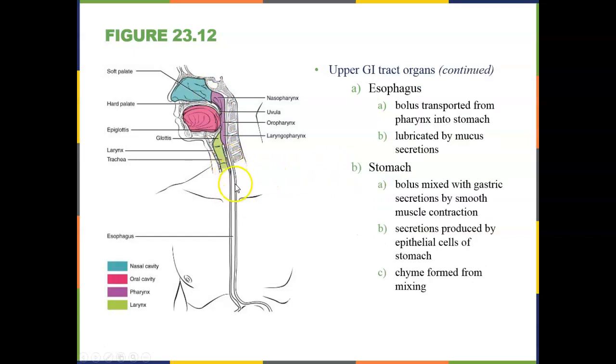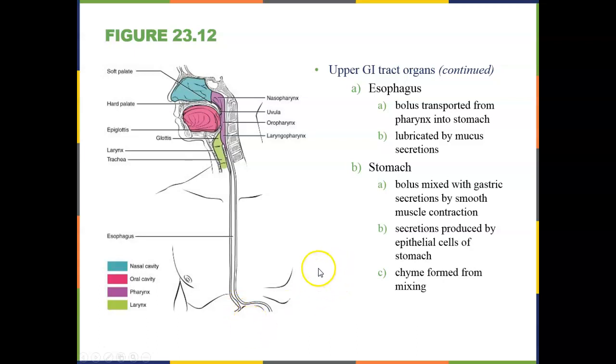Then we have the esophagus, which is this long tube here. The esophagus is going to move that bolus from the pharynx all the way to the stomach. We have an upper esophageal sphincter that opens for the pharynx to move in, and we have a lower esophageal sphincter that opens to allow food to move into the stomach.